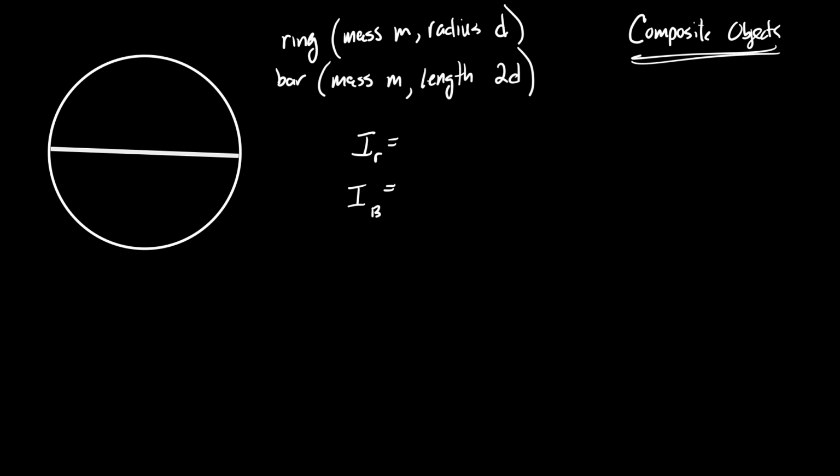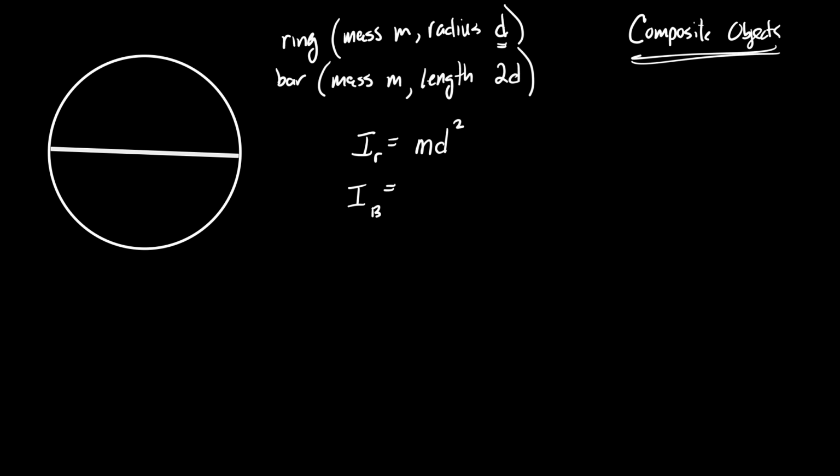We've already talked a little bit about some of them, but a ring is mr squared, where m is the mass and r is the radius. But we have the radius is d, so we would write this as md squared. That would be its moment of inertia in the terms given to us.